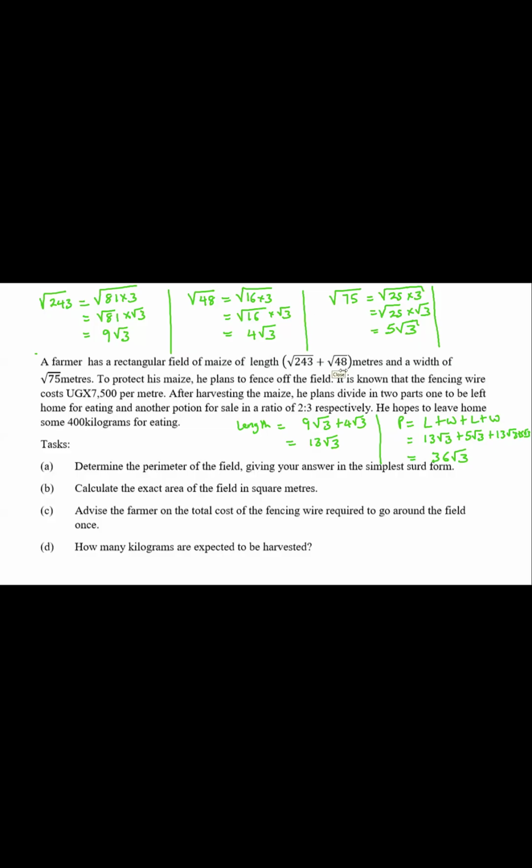Area, we say that area equals length times width. Our length is 13 root 3, times our width, which is 5 root 3.